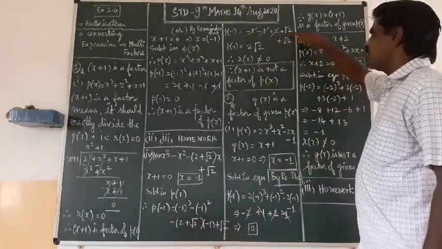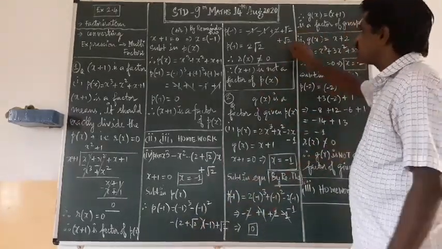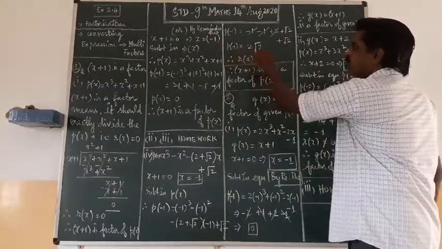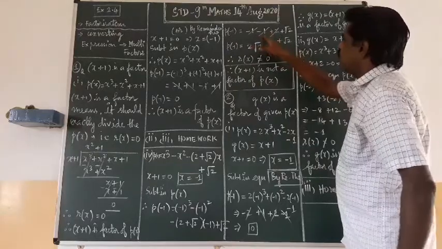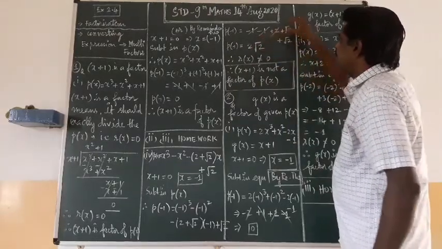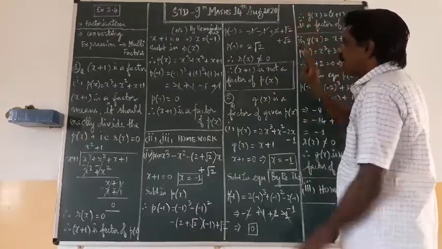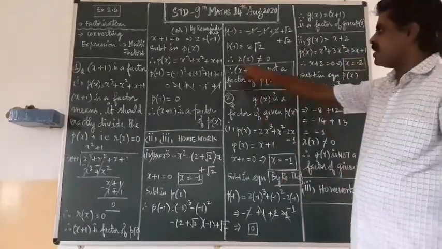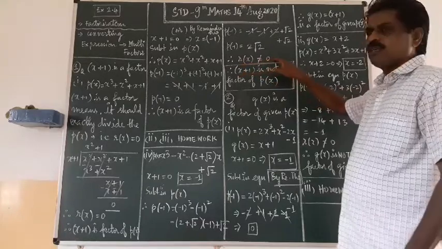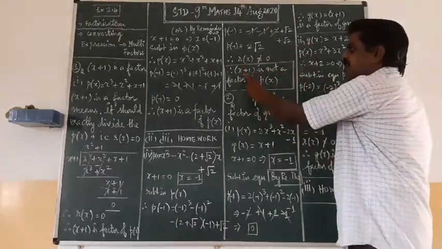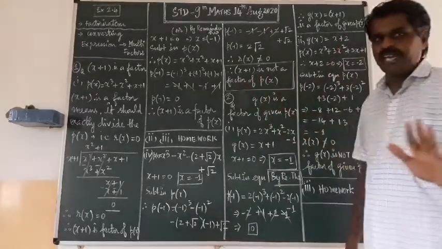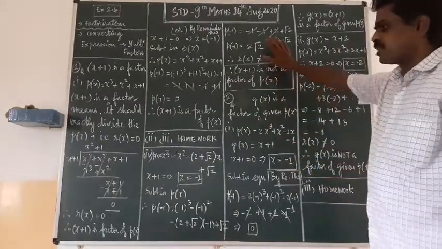So 2 plus root 2, and the last one as it is, root 2. Then p of minus 1: the minus 1 and plus 2 get cancelled, plus root 2 plus root 2. So 2 root 2 is the remainder we are getting. That means r of x is not equal to 0. What is the conclusion? Therefore, x plus 1 is not a factor of p of x. Concluded. That is the first question.